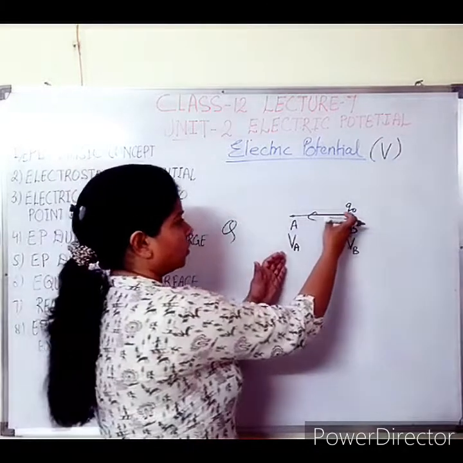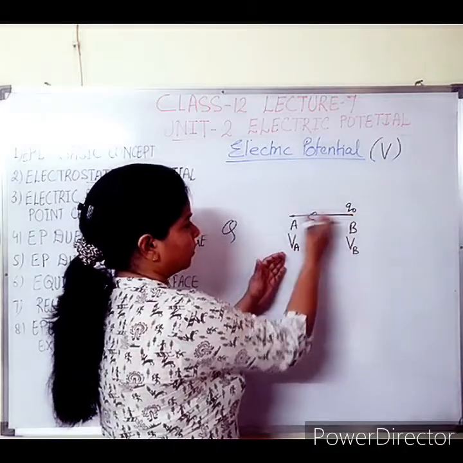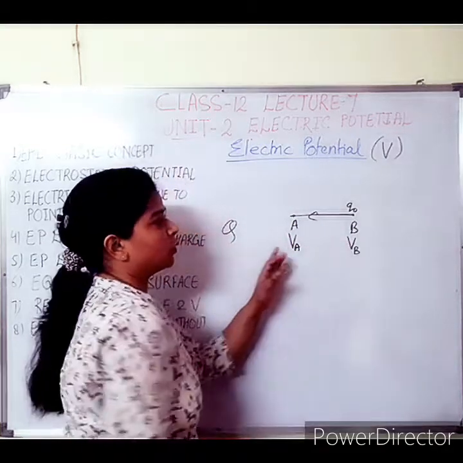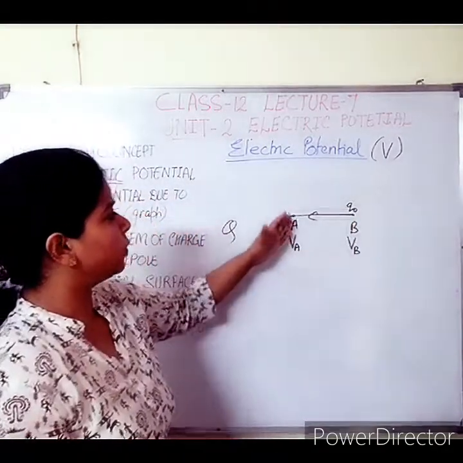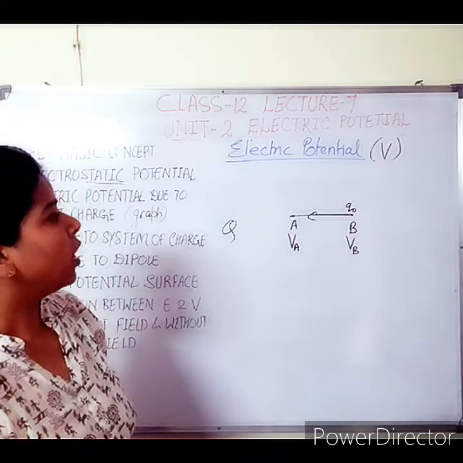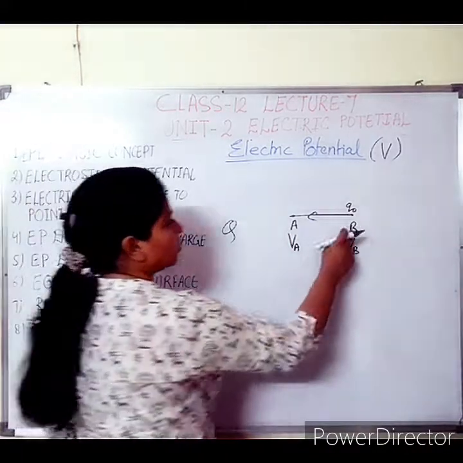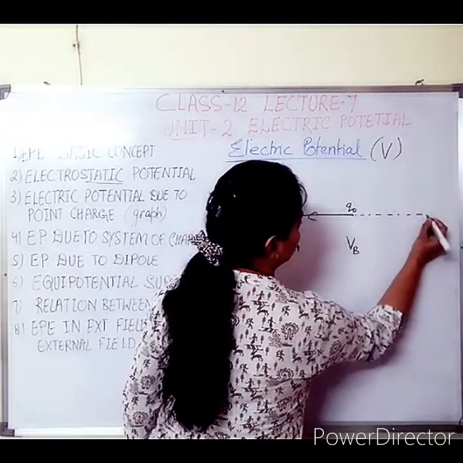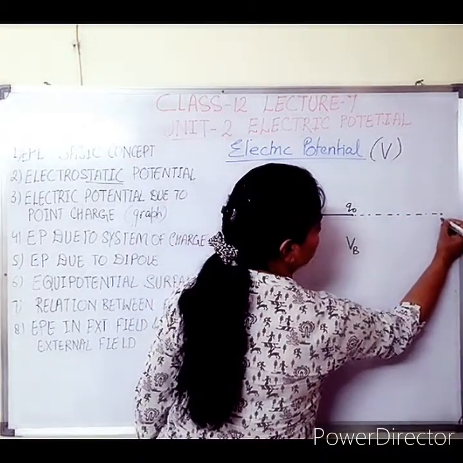So whenever a charge moves in between two points, we take the potential difference, the difference of the potential corresponding to point B and the potential corresponding to point A. Now assume that out of the two points, point B is situated at infinity.